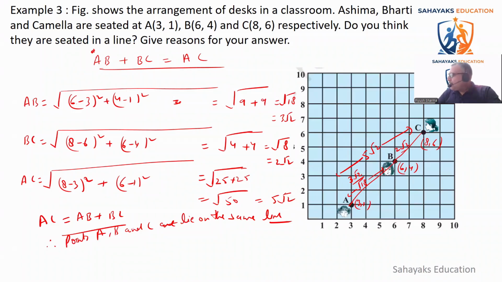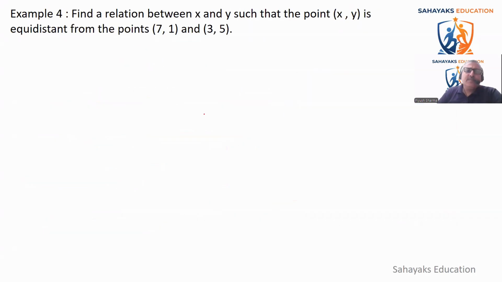Okay. So coming to the next question. Find the relation between x and y such that the point x, y is equidistant from the points 7, 1 and 3, 5. So I'll say this is the point x, y. I need to find the distance between this and this so that it is equidistant.